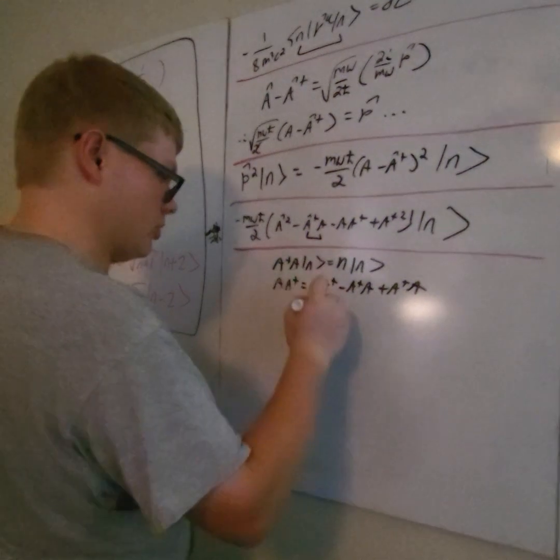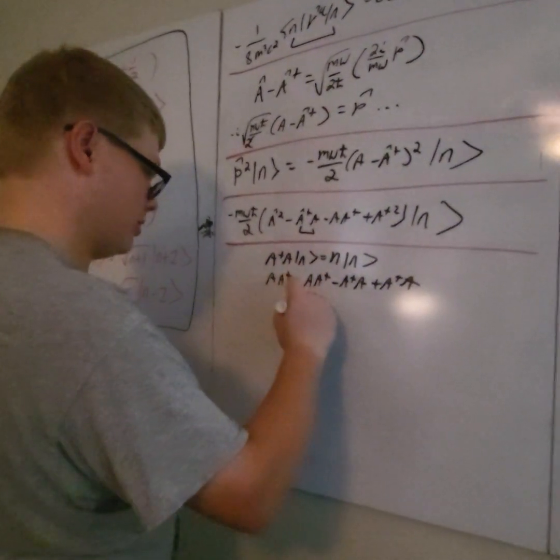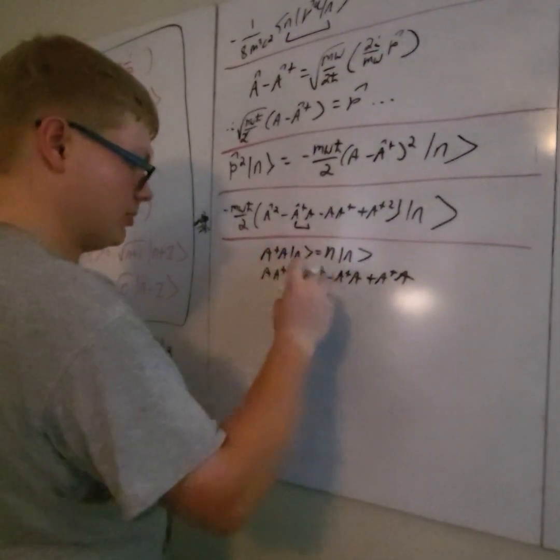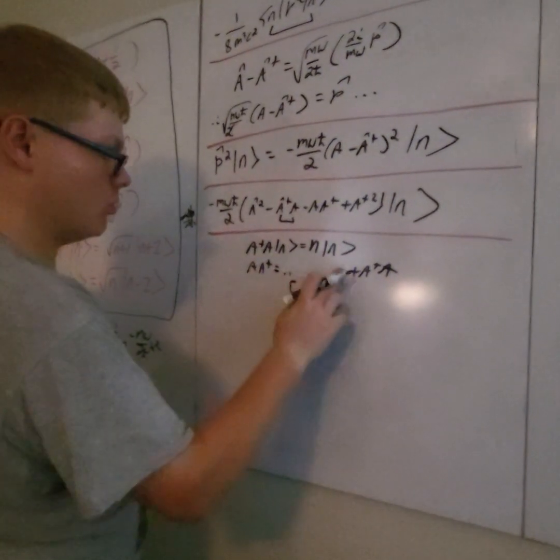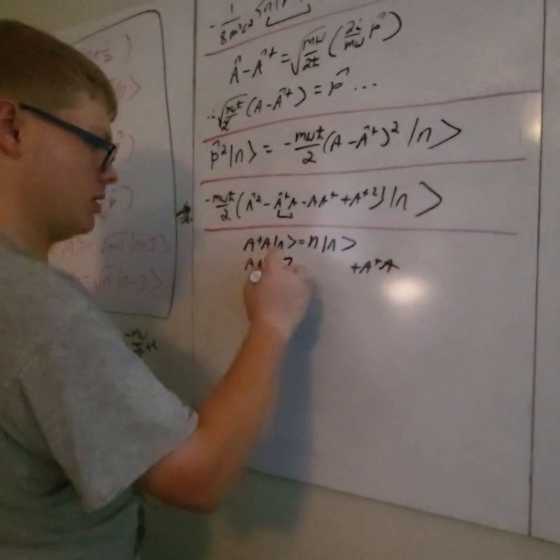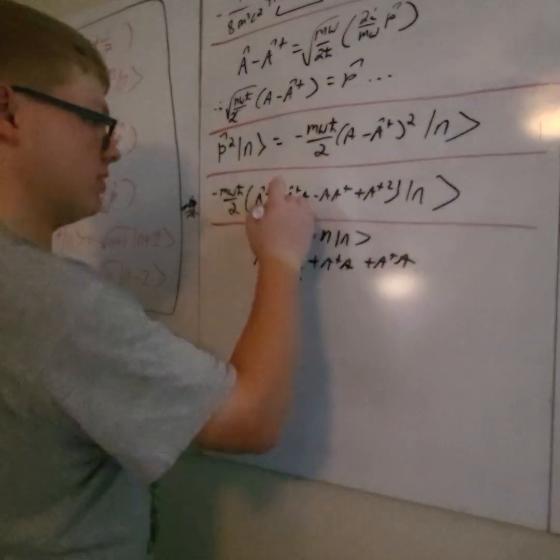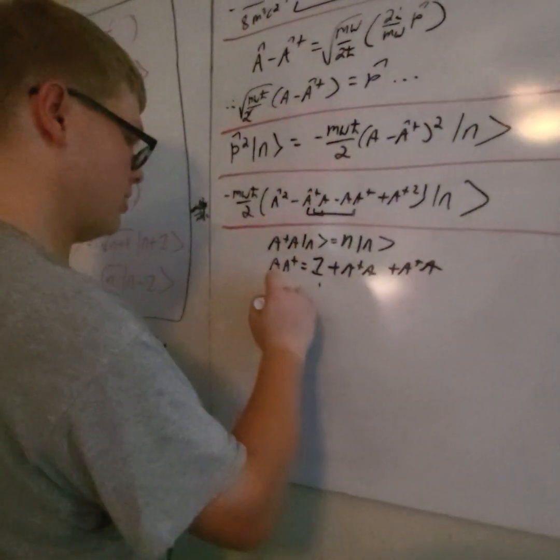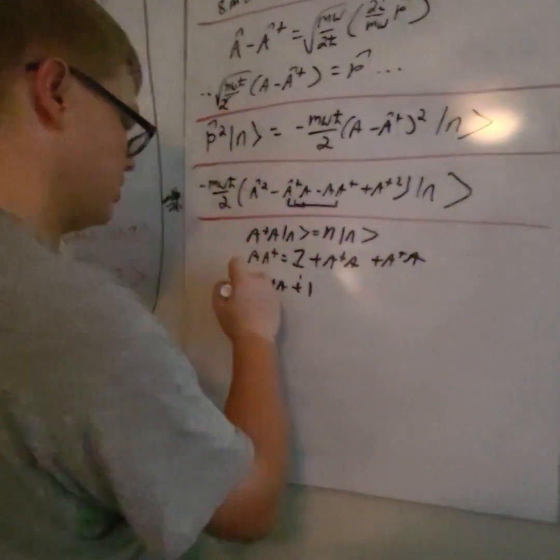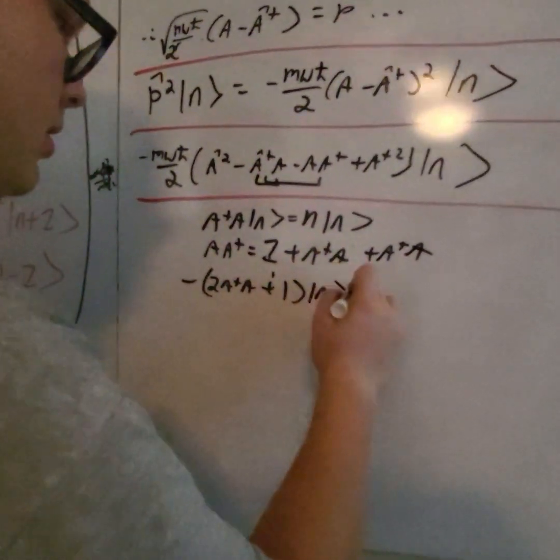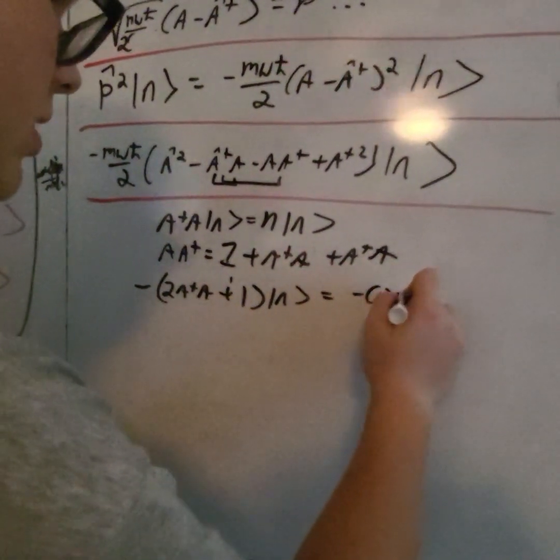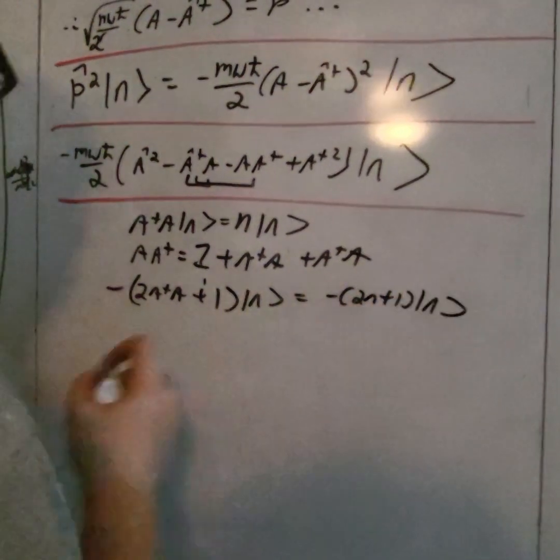I have unusual jargon, I know. That's just the commutator between the two, which is equal to 1. So that whole term altogether is 2n plus 1, equals negative (2n plus 1) times n.